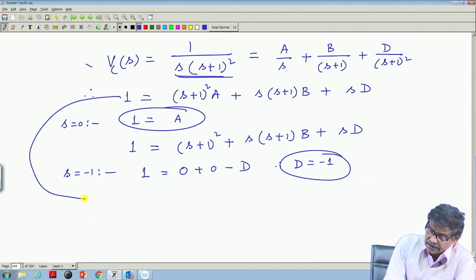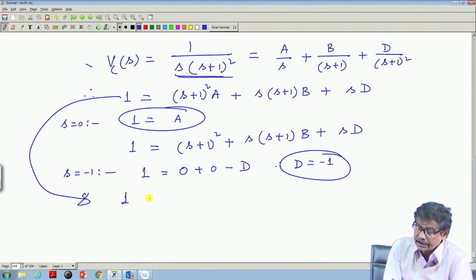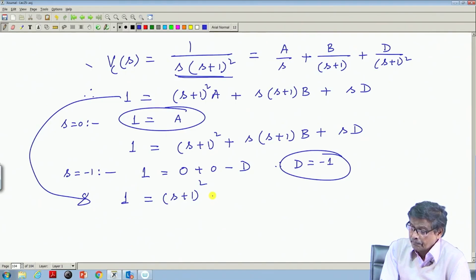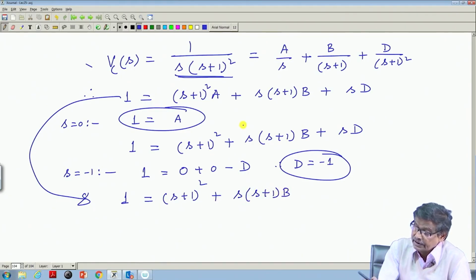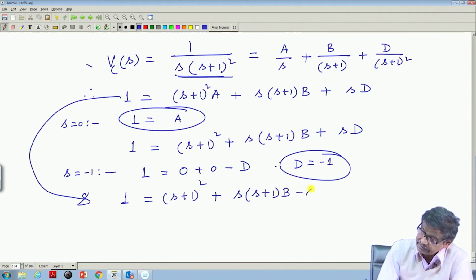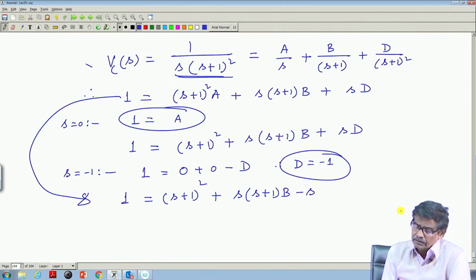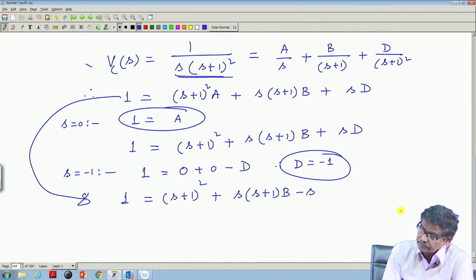Therefore, you can write this identity as 1 is equal to s plus 1 whole square into a, which is known, plus s into s plus 1 into b, which is yet to be known, and this is minus s. So, put any value of s to get the value of b. Do not put any value such that this term disappears, s equal to 0 will not do. So, maybe s equal to plus 1 you can put.